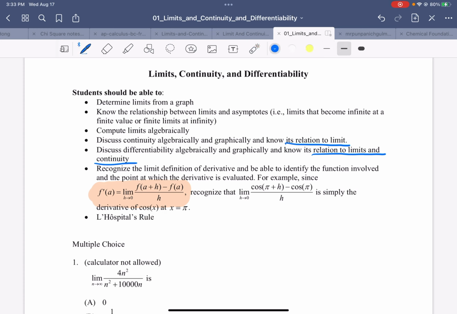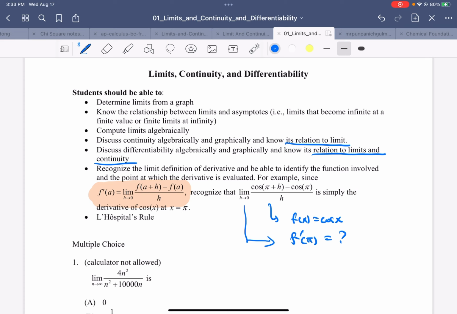So basically, this one is your f of x equals cosine x. But what is the value of f prime of pi? So that's the question. You have to recognize by looking at this expression that your f of x is cosine x, and they ask you f prime of pi.